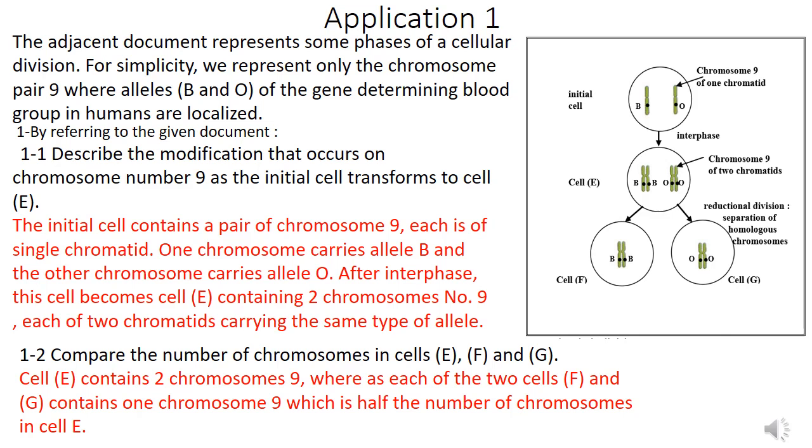No. So we should use here the connector whereas, or while, or however. So whereas each of the 2 cells F and G contains 1 chromosome 9, which is half the number of chromosomes in cell E.